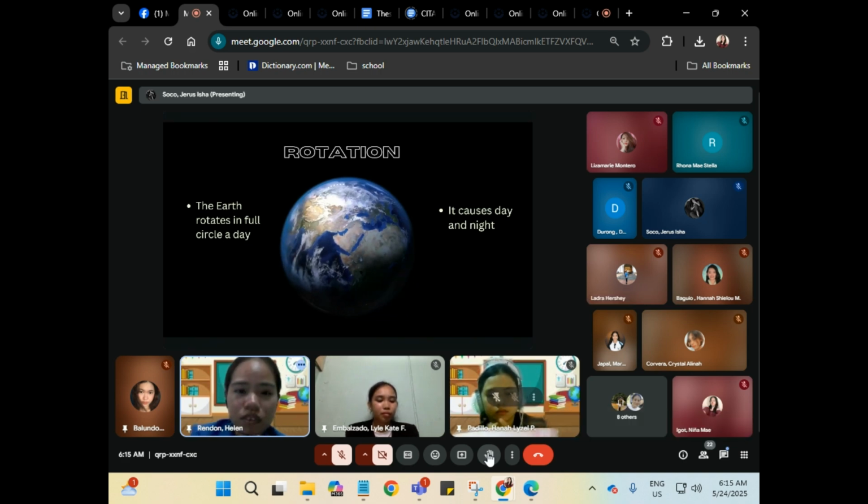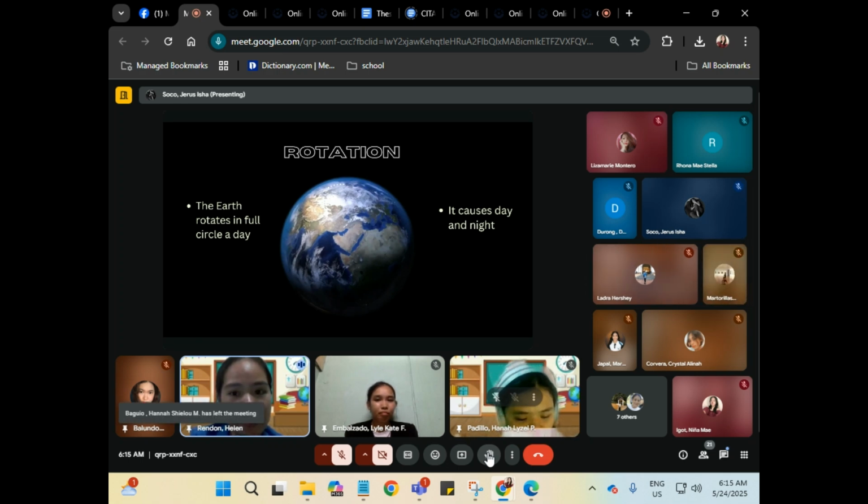So, the circular movement of an object spinning around its axis is called rotation. So the Earth rotates on its own axis, and it takes 24 hours to turn all the way around to make a single day. And because of rotating on its own axis, we have daytime and nighttime.